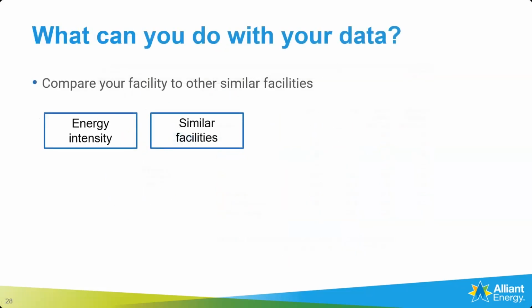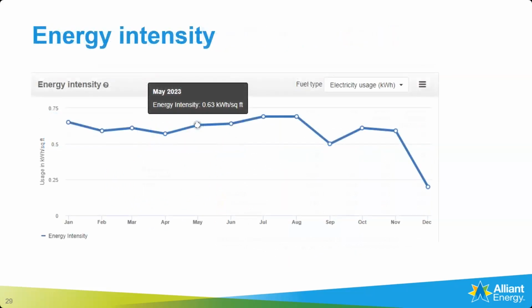The tool also helps compare one facility against other peer facilities of similar industry types in the same area. One way to do that, we've seen this chart. This is the same as what was before, energy intensity. I brought it up again just to say there are industry benchmarks published by the Department of Energy.